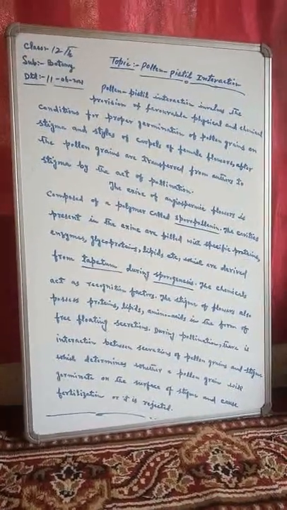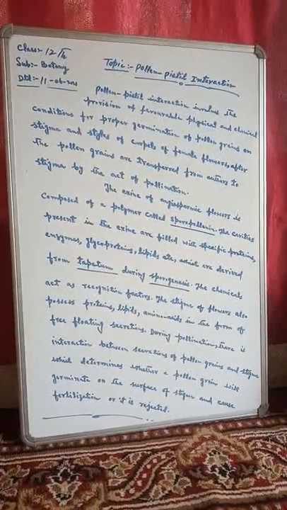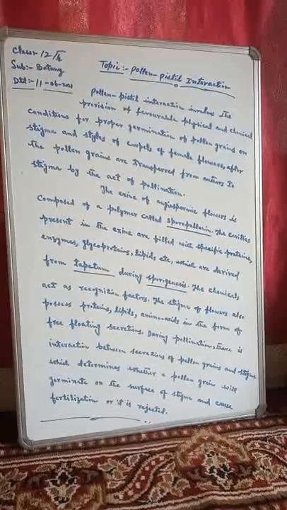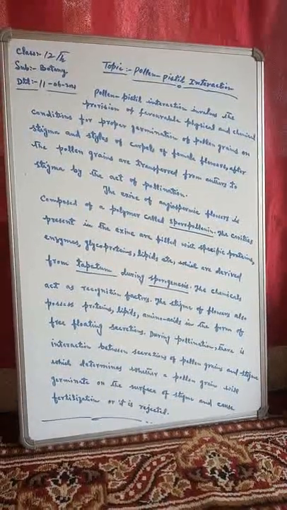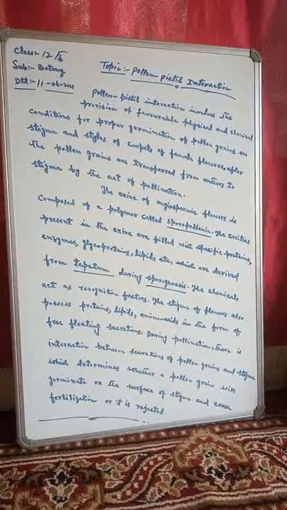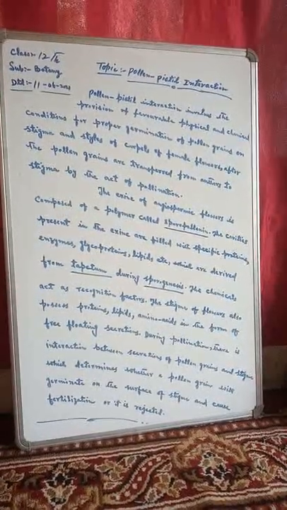So what happens? The exine of angiospermic flowers is composed of a polymer called sporopollenin. The exine, as I have told you, is the outer layer of the pollen grain.